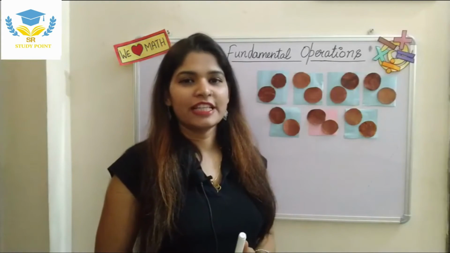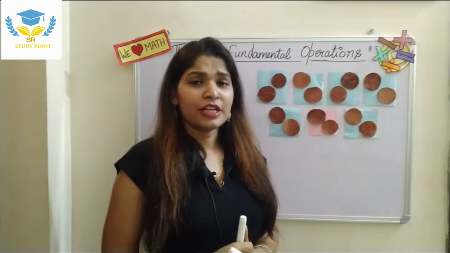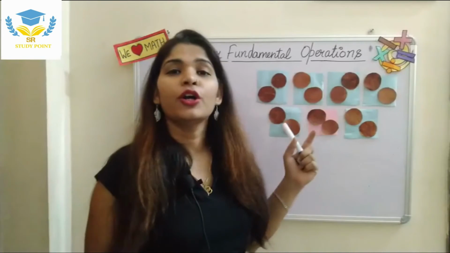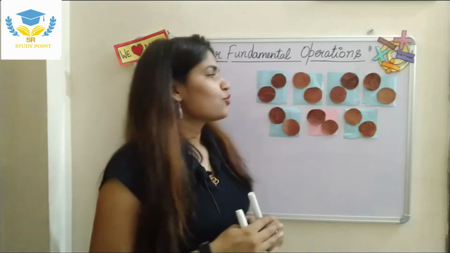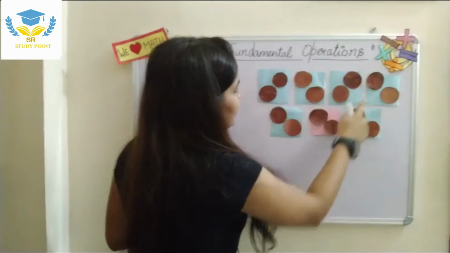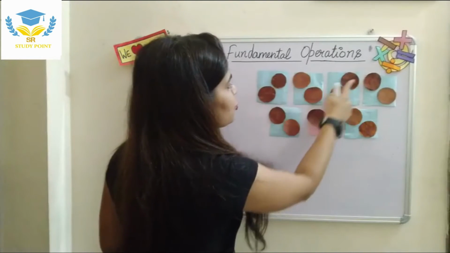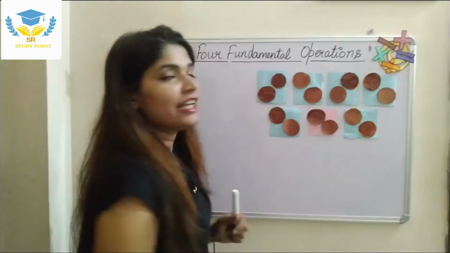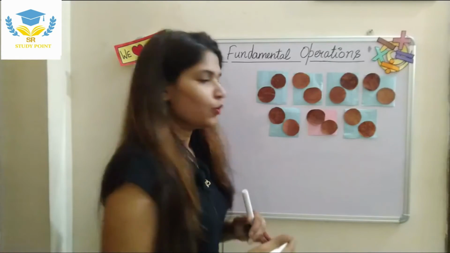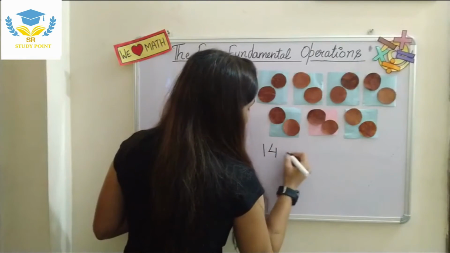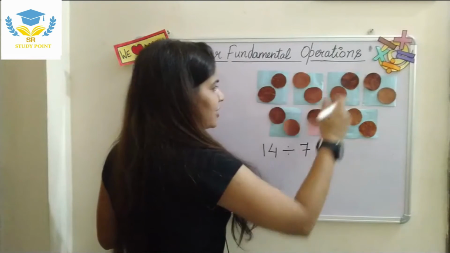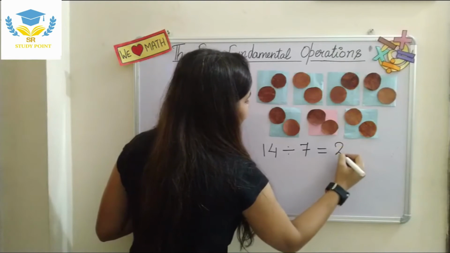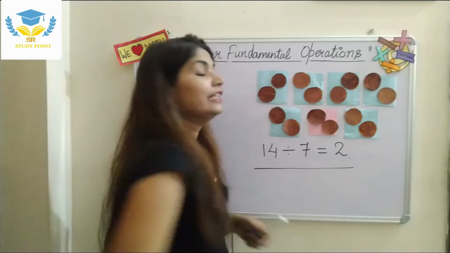Let us see. As we are left with 14 cookies, the friends want to divide the cookies among themselves in equal parts. Each friend will have two cookies when we divide the cookies equally. So it will be 14 divided by 7, as we are dividing among 7 people. So we will have 2. So this is called division.